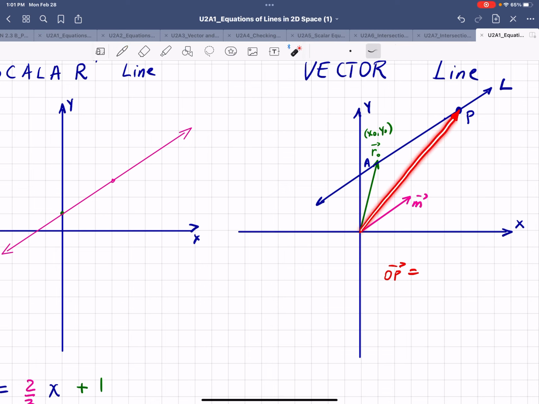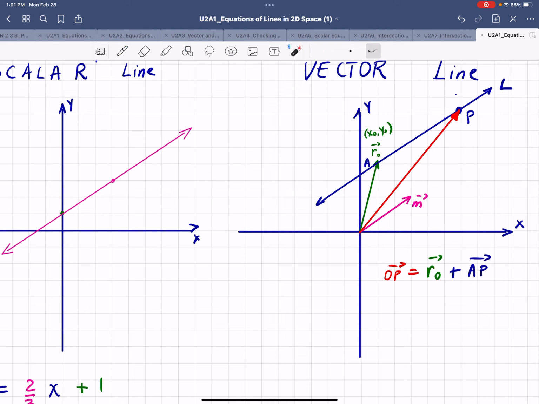This is vector OP equals vector OA, which is vector r0, plus, and now this is the other vector we need to add, and I'm going to call this vector AP.